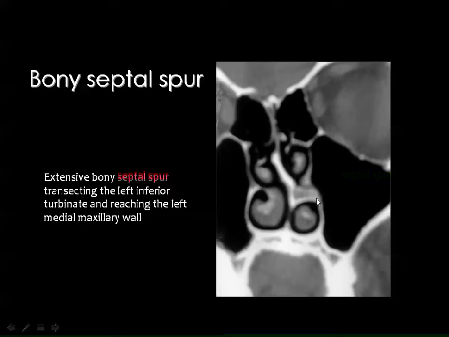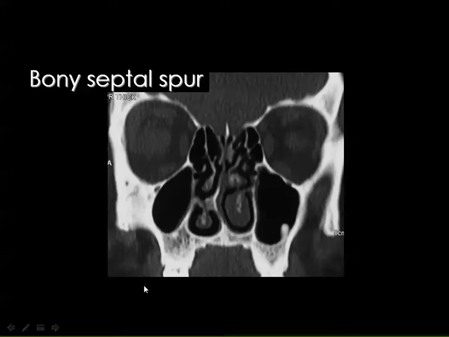You see this part of bone connected to the nasal septum obstructing the nasal fossa on the left side. And this is also an example of bony nasal septum spur to the right side. The septum is a little bit deviated, and you can see the bony spur projecting into the right nasal fossa.